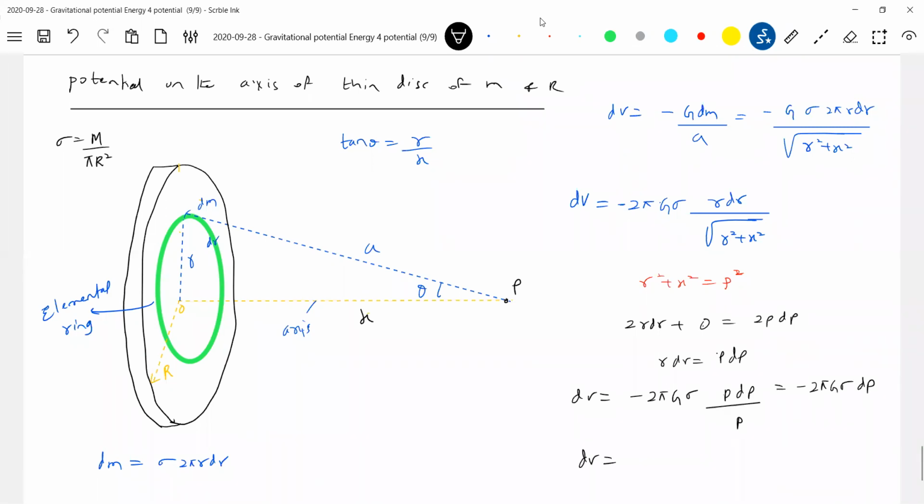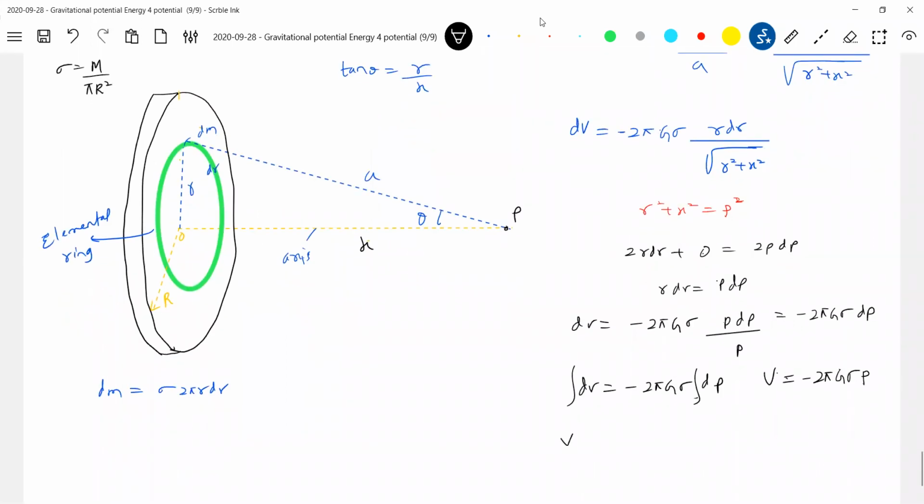I will integrate now. Though it is no real integration, I think you know the substitution type. Or don't put limit, just integrate. So v is equal to minus 2 pi g sigma p. What is p? Root of r square plus x square, what we assumed.